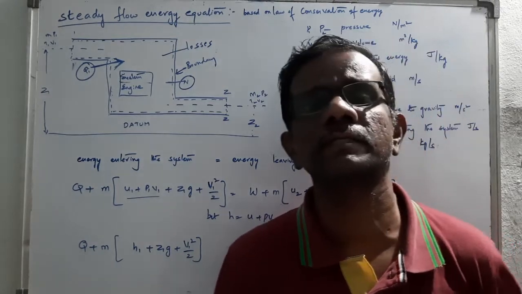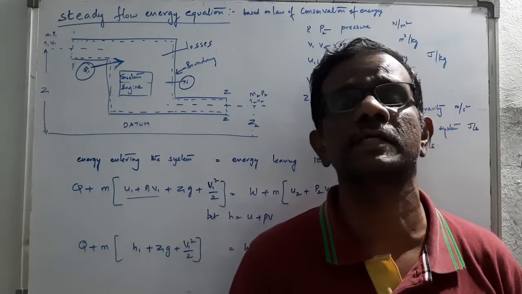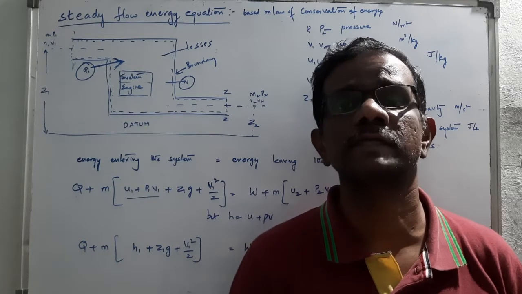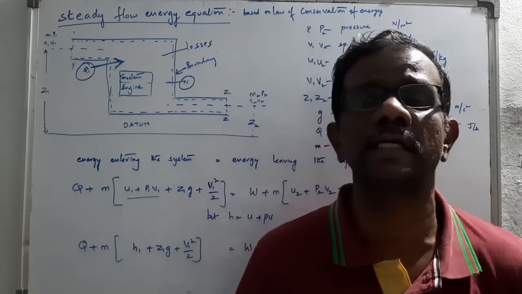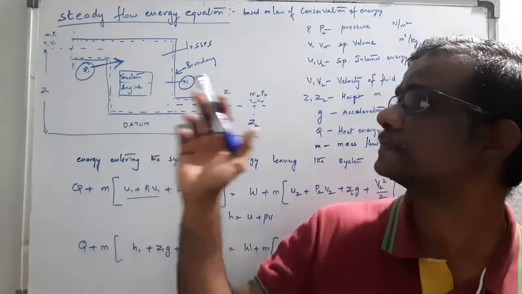Based on that, we already saw in unit 1 what a system is, what properties are, and what the types of systems are. There are three types: open system, closed system, and isolated system.